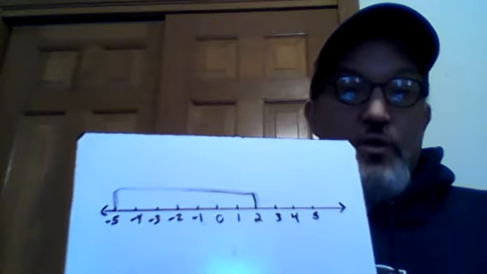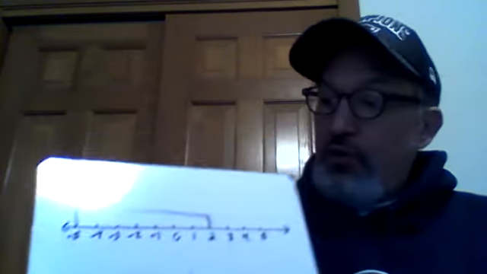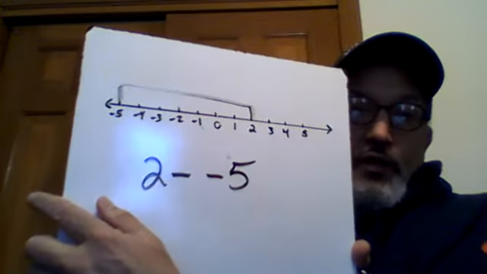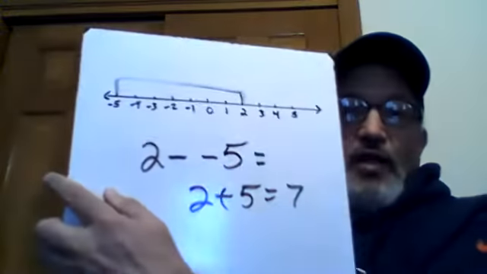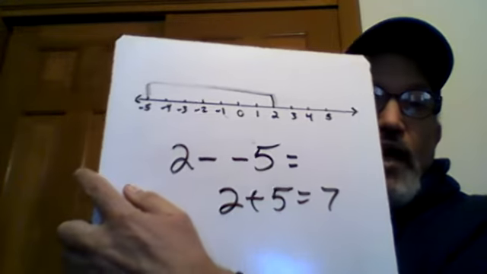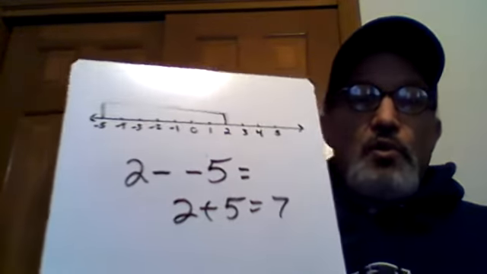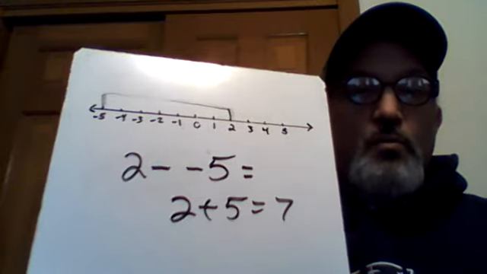You can count them out on the number line quite easily, 7 units. 2 is bigger than -5, so we do 2 minus -5. And once again, 2 minus -5 is equivalent to 2 plus 5, or 7 units.